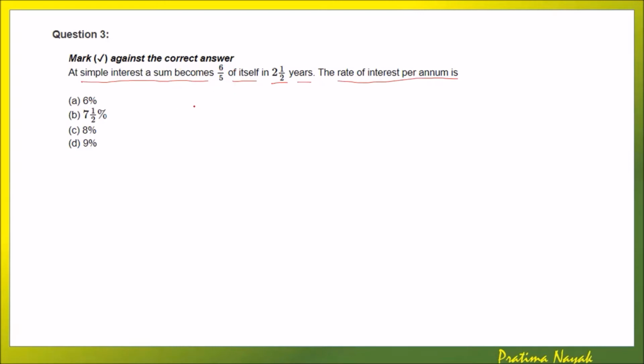Let the sum be P. When the sum is P, what will be the amount? Becomes means this is the amount, 6 by 5 times of itself. Itself means P. So amount is equal to 6 by 5 multiplied by P, that will be 6P by 5.